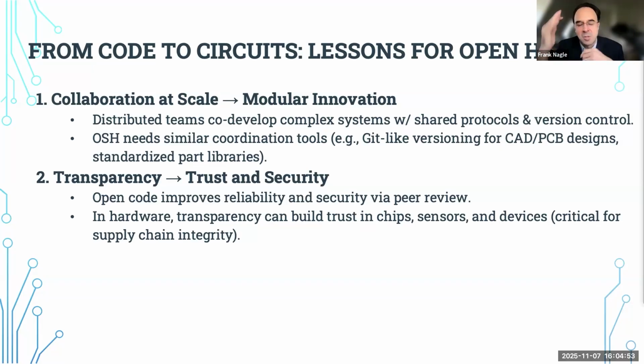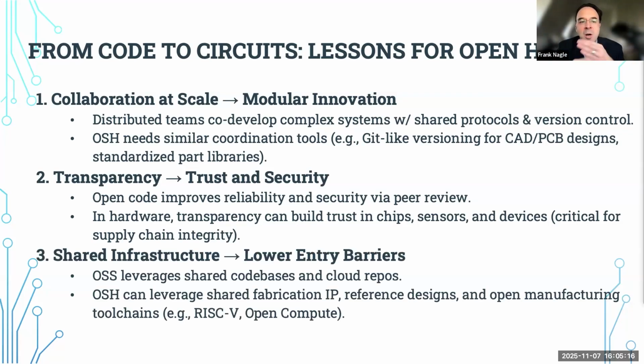I know this is something that this group cares about, how transparency in the build process and in what's going into the chips and sensors and devices can be very critical for supply chain integrity, right? This is something we're seeing more on the software side, the SBOM, the software bill of materials, and understanding what's being baked into the software you're buying.